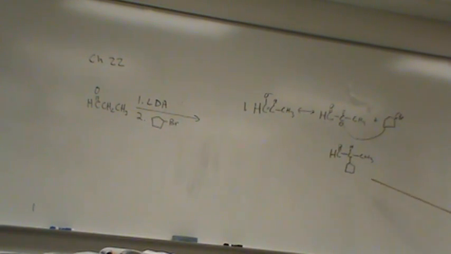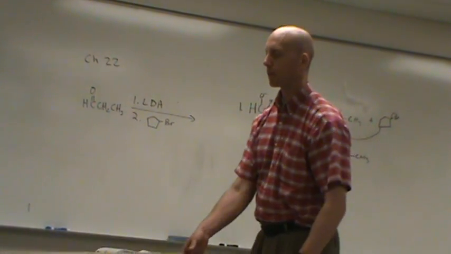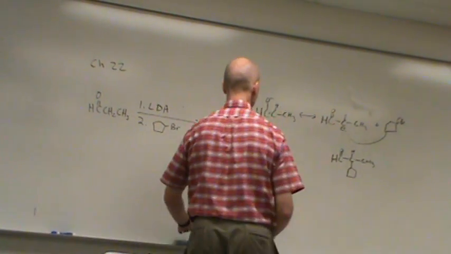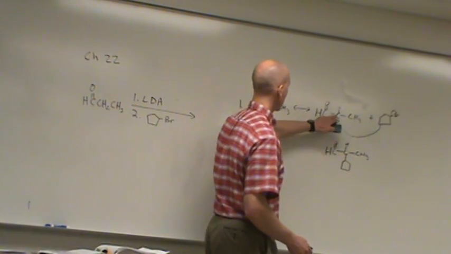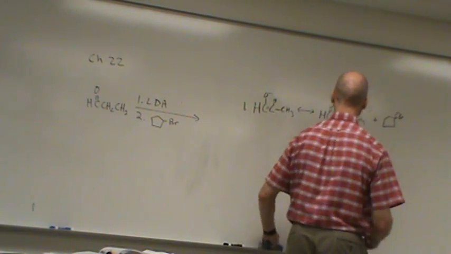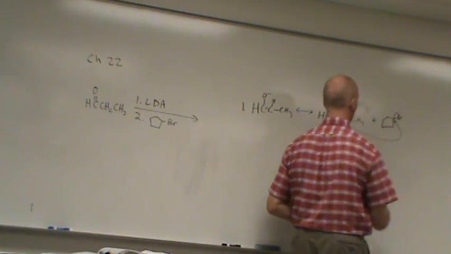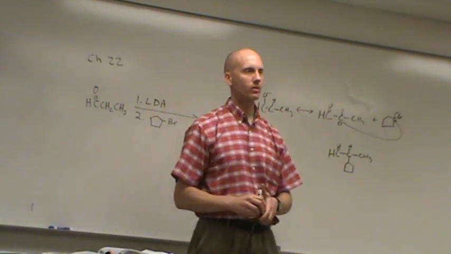Okay, well, you got the right product. This mechanism needs a little help. But all I was looking for was the product, so that alpha carbon gets it, so this carbon was attacking here. That was the train of thought.